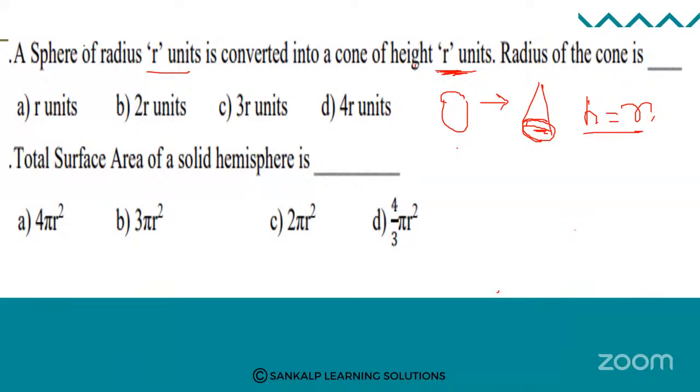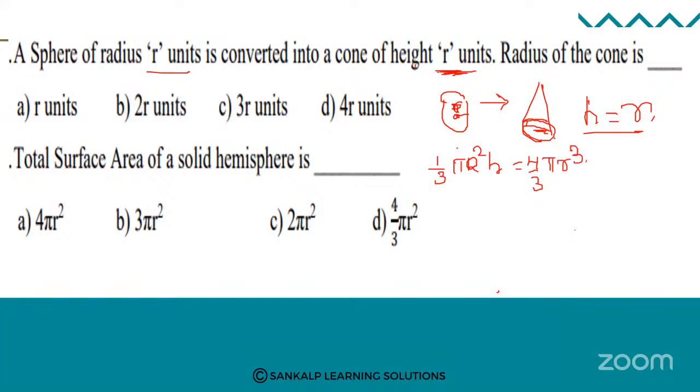So here a sphere of radius r unit is converted into a cone. That means this sphere of radius r unit is converted into a cone, right? So volume of the sphere is equal to volume of the cone, or volume of the cone is equal to volume of the sphere. Both are same. So 1 by 3 pi r square h is equal to 4 by 3 pi r cube.